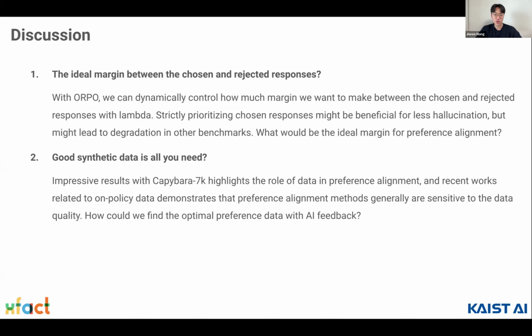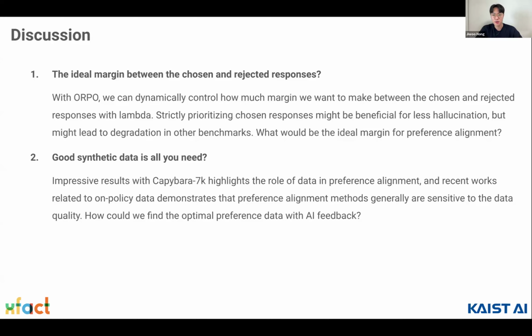And the way the log probabilities change is different in the different alignment methods. But in the context of ORPO, we can dynamically control how much margin we want to make between the chosen and rejected responses with the weighting value lambda.